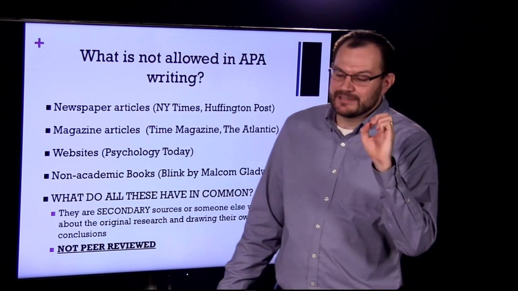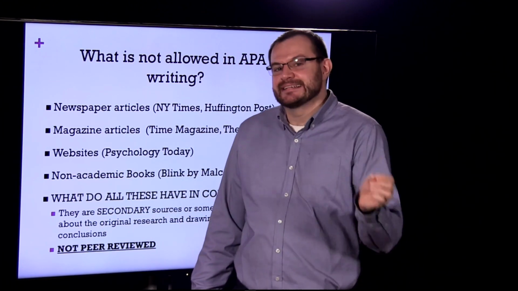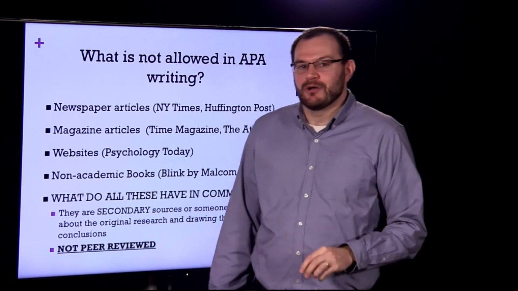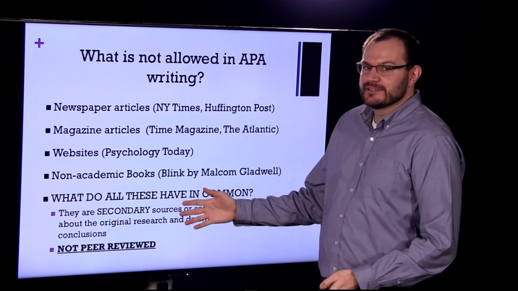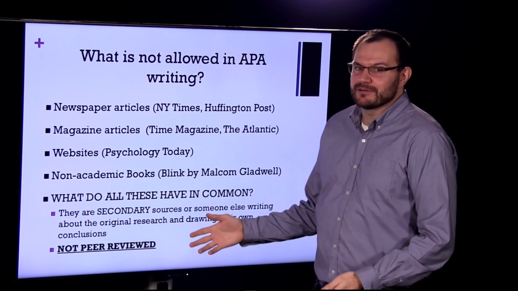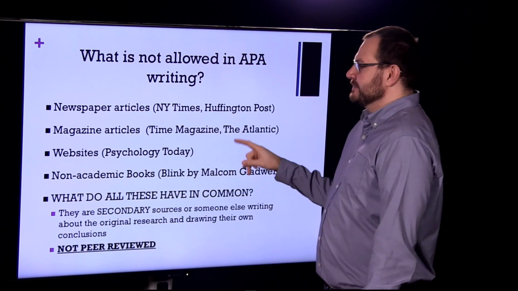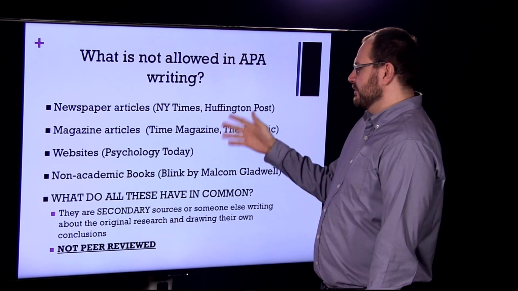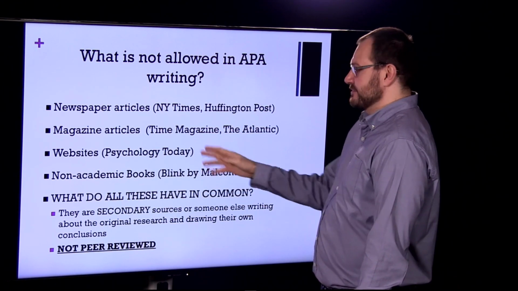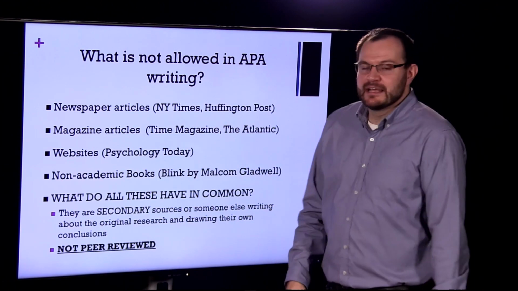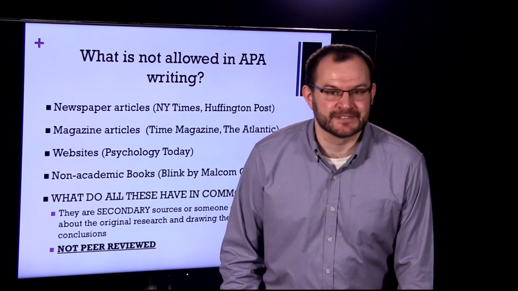Now, there is a YouTube video I have posted in this module where you can use these to find peer-reviewed articles. Especially in good outlets like the New York Times or Time Magazine or Psychology Today, they're going to be citing the sources, right?